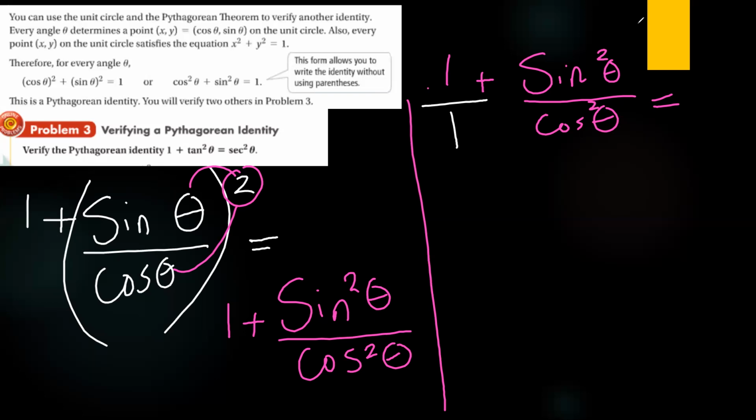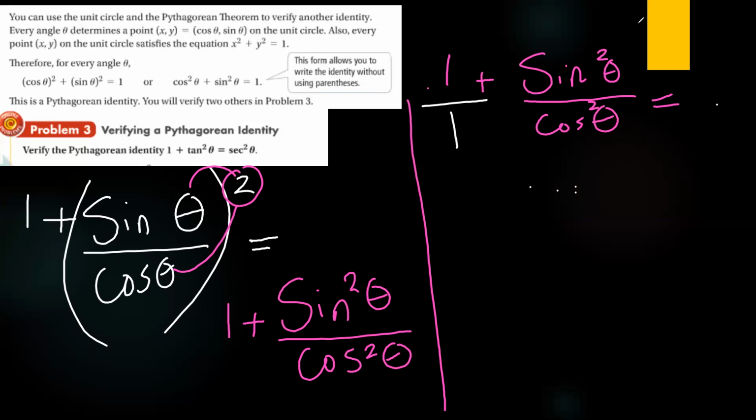Then it will be 1 over cosine squared. We just need to unite the denominators. Yes, thank you. Here, you have to make them the same denominator.